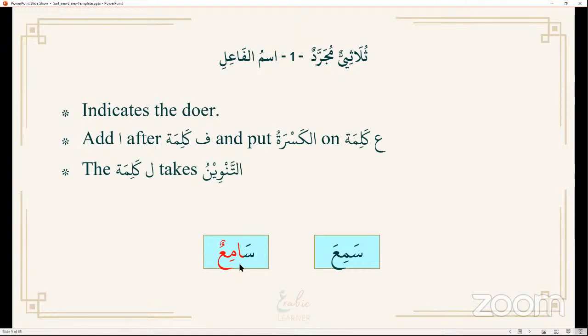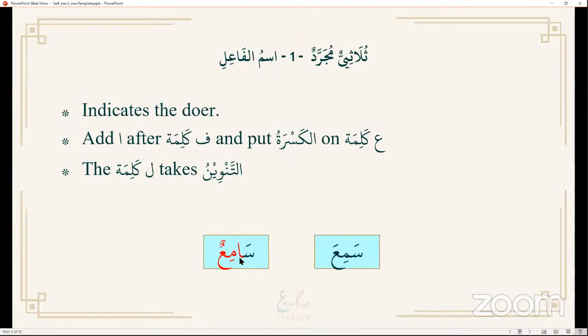It's very simple. Ismul Fa'il has to do with the doer. Sami'a, he heard. And Sami'un means hearer.